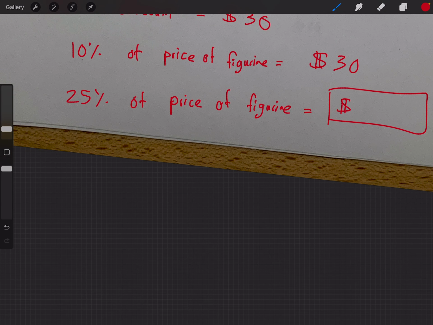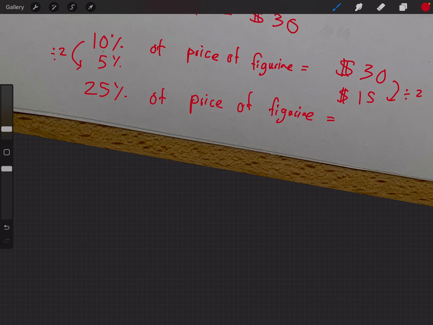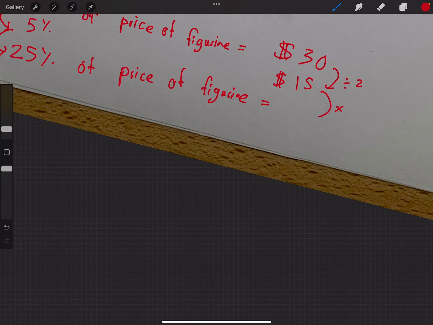Let's do step by step. So let's go from 10 to 5% first. We divide this by 2. We get $15. So 5% is $15. Now how do we get from 5 to 25? We times it by 5. Okay. From 5% to 25%, we must multiply by 5. So we must multiply this by 5, which will give you $75.